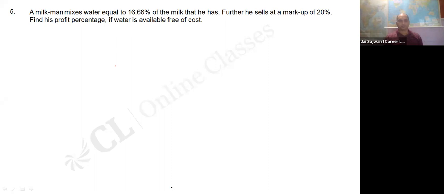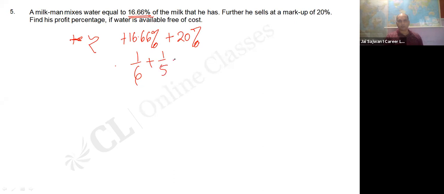Okay, here I go. The milkman mixes water equal to 16.66% of milk. So there's a profit of 16.66% by adding water. And then you're marking it up by 20%. We all know 16.66% is 1/6.